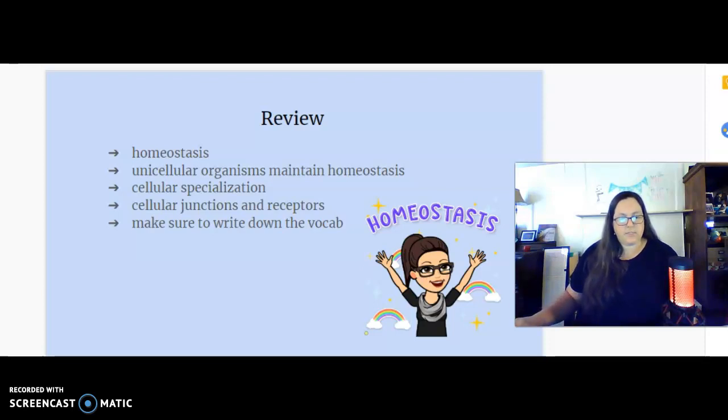Unicellular organisms keep water concentrations and minerals within certain levels, and they need to be able to respond quickly to changes in their environment to maintain homeostasis. Cellular specialization is where cells are specifically designed to perform a certain function. Cellular junctions and receptors allow for multicellular organisms to communicate and maintain homeostasis.